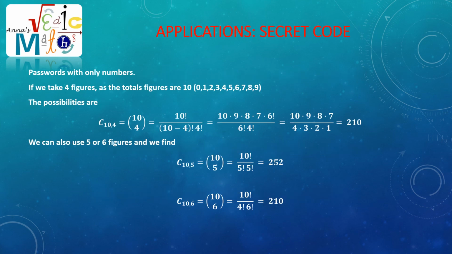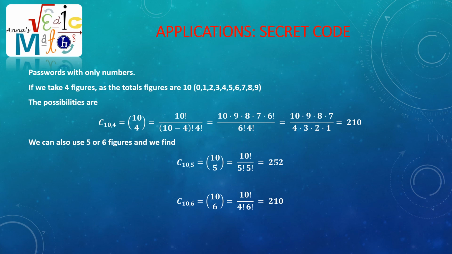If we have to enter a code number in our phone or computer, how many possibilities do we have? It depends on how many figures we have to put in, if the order is important or not, and if we have repetitions. We know that the total of figures is 10: 0, 1, 2, 3, 4, 5, 6, 7, 8, 9.